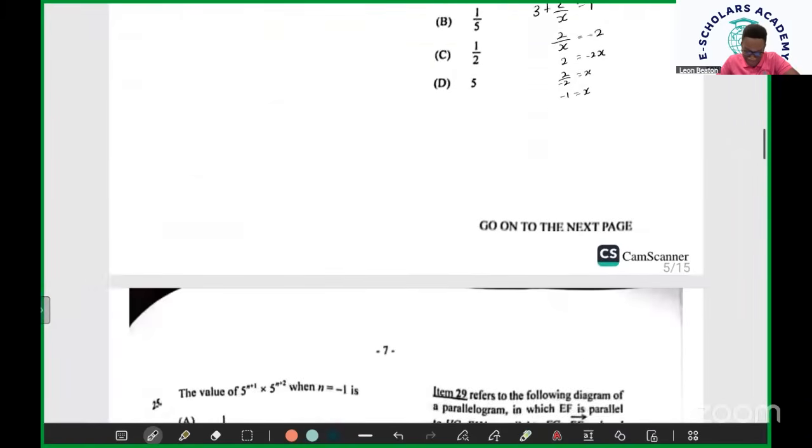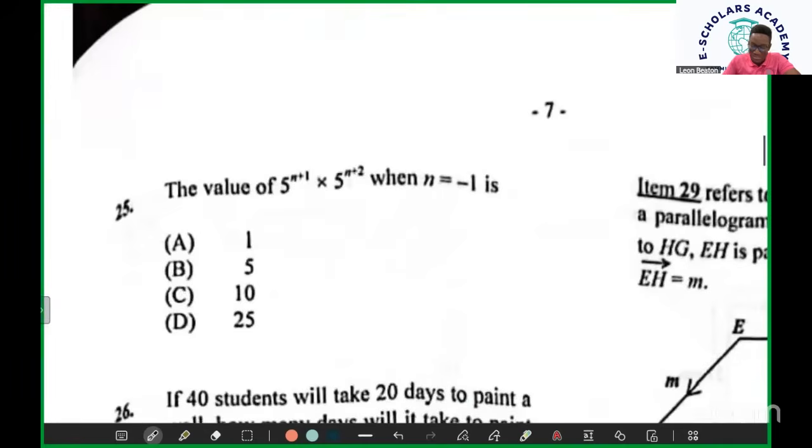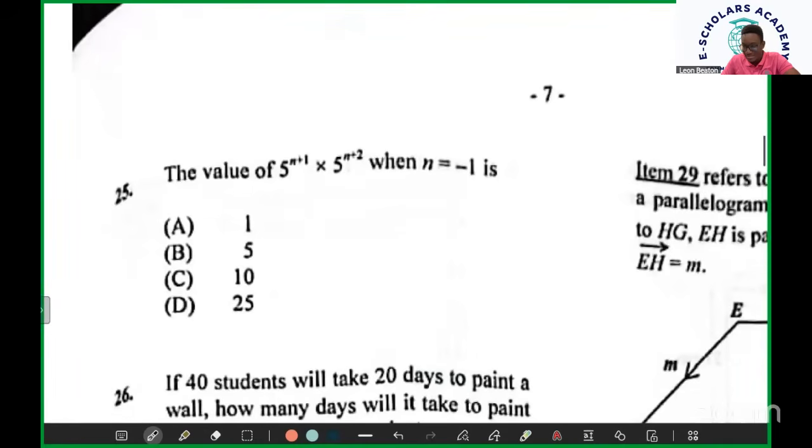So that is the year 22. So let's roll. Business as usual. So they're different now. Wow. They want the value of this here when n is -1. You see how they change up this one here? So 5 raised to the n times 5, we put back the base, and n plus n would be 2n, and 1 plus 2 would be plus 3.